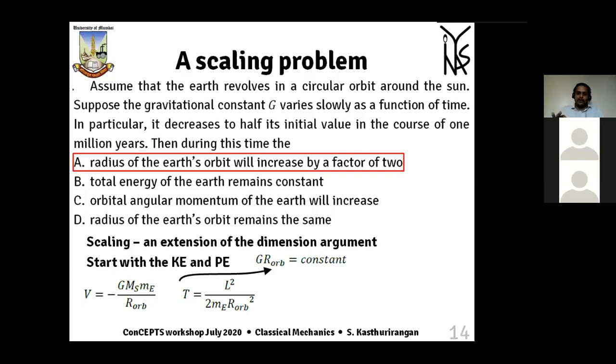The only input you had was it's a central force problem. Angular momentum is conserved. And then you just write down kinetic energy, potential energy, you will arrive at the answer. So this is a part C question in NET exam. Doesn't take time to solve at all if you know the right approach. Scaling is not something which will suggest itself to you automatically.